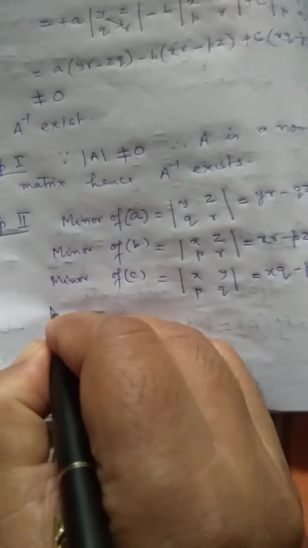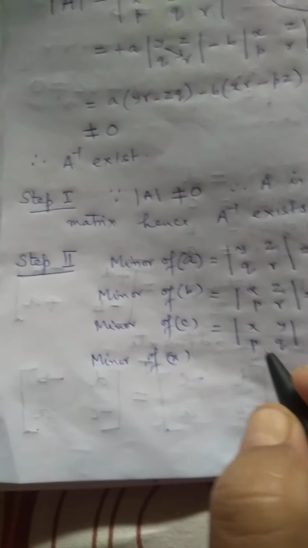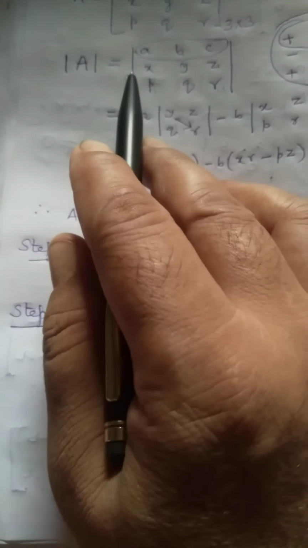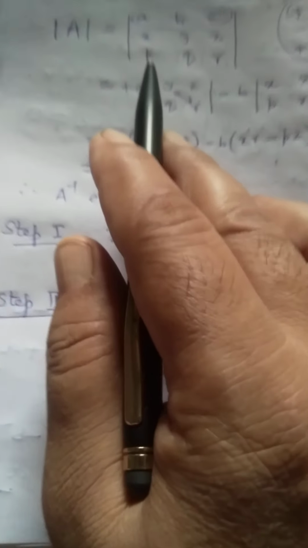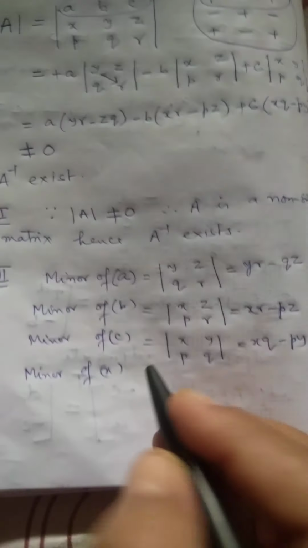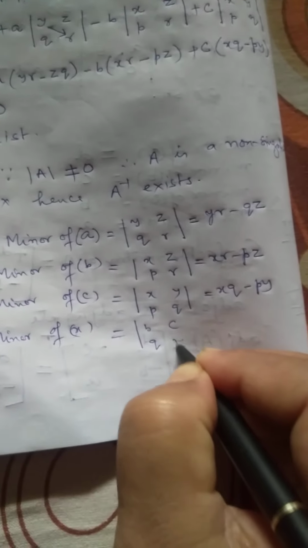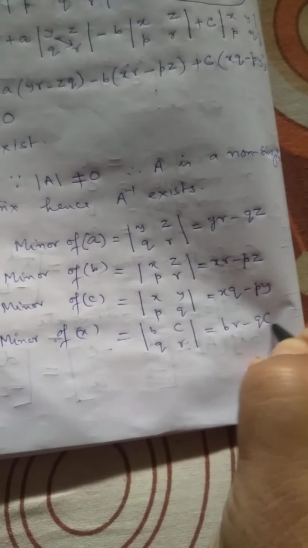Similarly, minor of X: if you delete the row and column in which X lies, that is X, Y, Z and A, X, P, what you get is B, C and then Q, R. So the determinant is B, C, Q, R and the expansion will be BR minus QC.